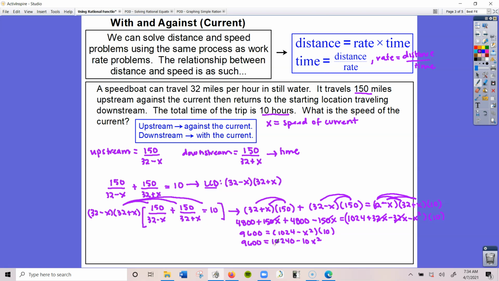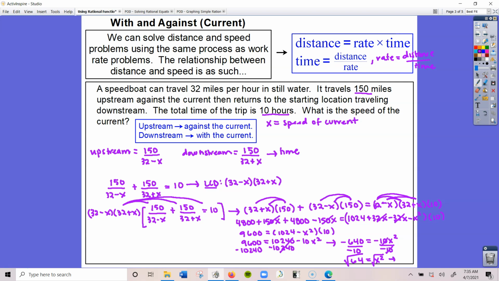So we're going to subtract this 10,240 from both sides. And we get -640 is equal to -10x squared. Divide by -10, and we get that 64 is equal to x squared, and then square root both sides.